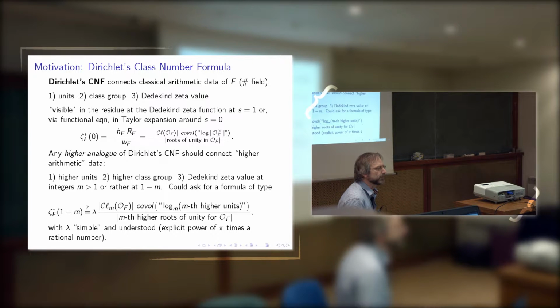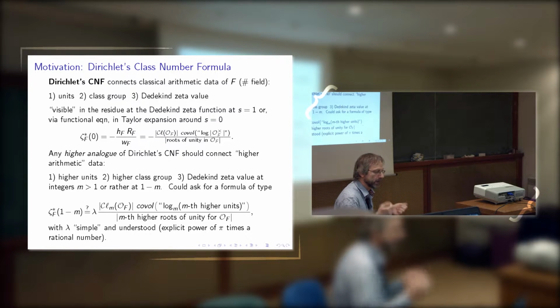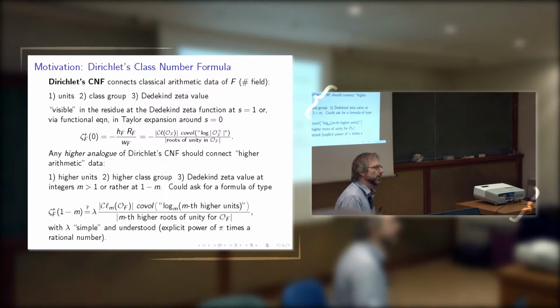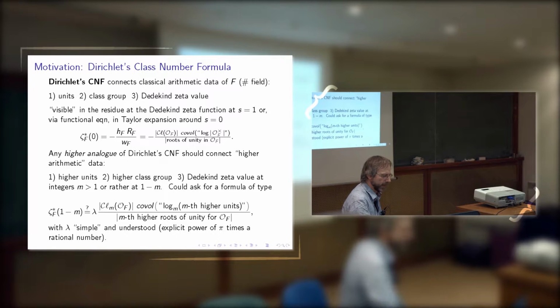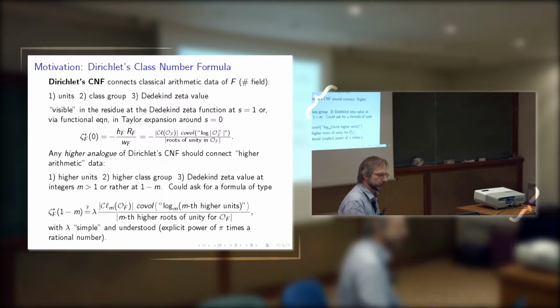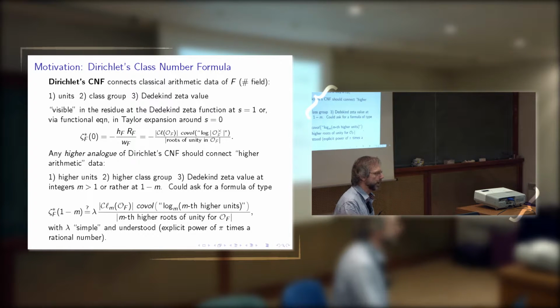And we have a co-volume of higher logs, or a higher log absolute value kind of function, evaluated on higher units. We fix the index m. So we have the mth class group, mth higher units, and we divide out by the things we overcount. There should be something like mth higher roots of unity in our number ring.